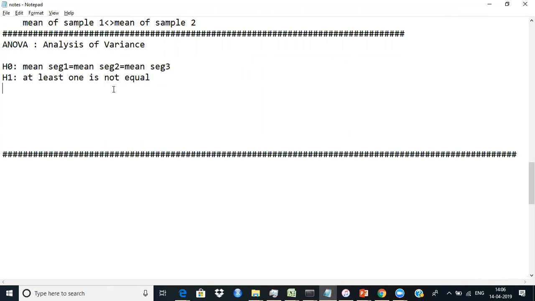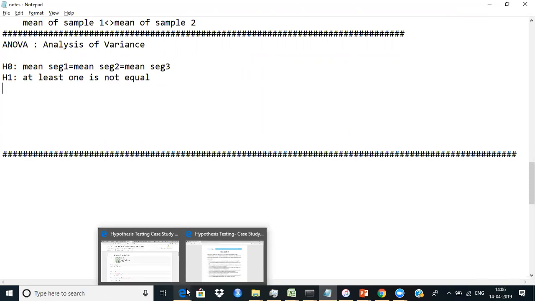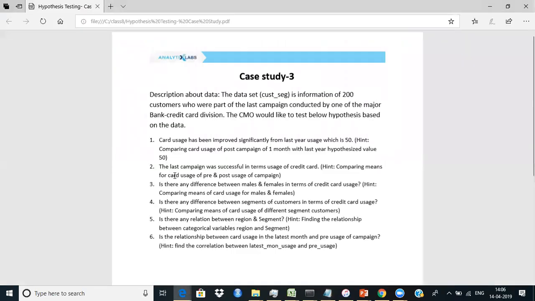Make sense? Okay. Now, if you look at the scenario here, it says, is there any difference between segments of customers in terms of their credit card usage? If you look at the segments, there were three segments, right? So you have multiple segments, which are basically multiple populations, and you want to test whether their means are equal or not.